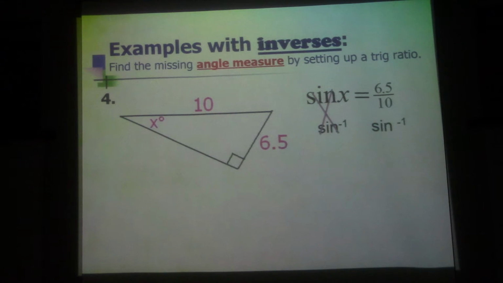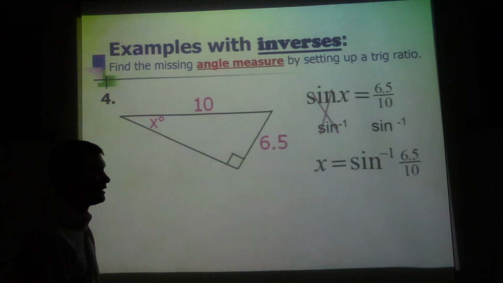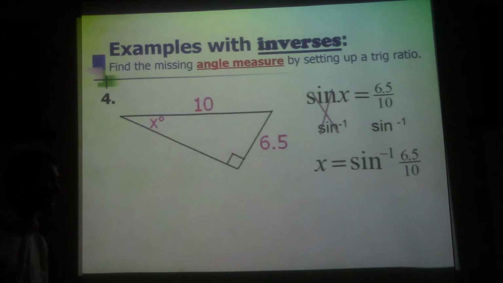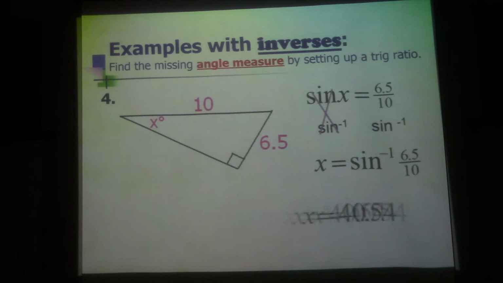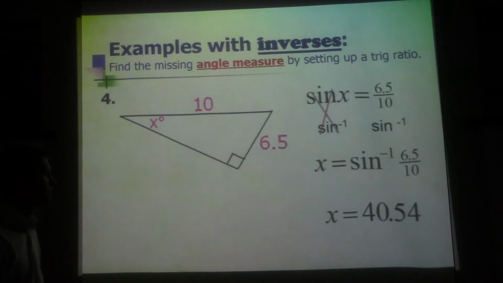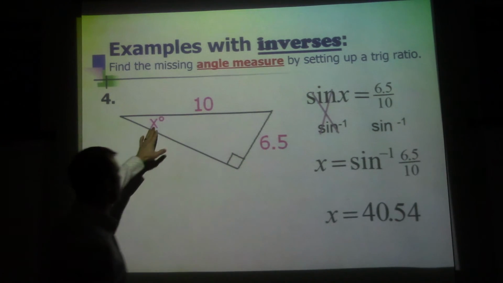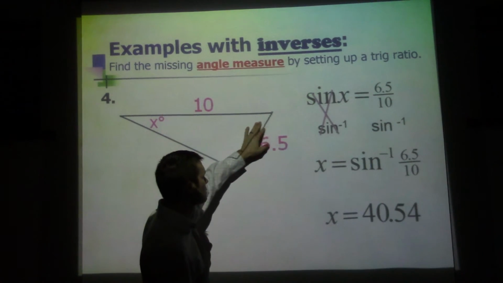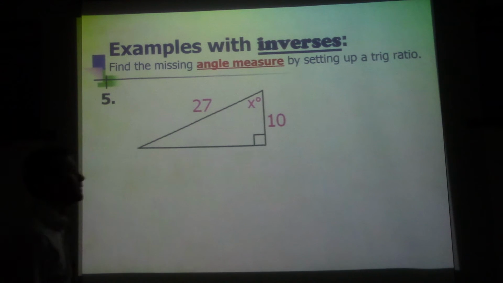So it cancels off that side, and x is equal to the sine inverse of 6.5 over 10. Plug that into your calculator, and you get about 40.54 degrees. Which again is good, because this should be the smallest angle. This other one is about 50 degrees.